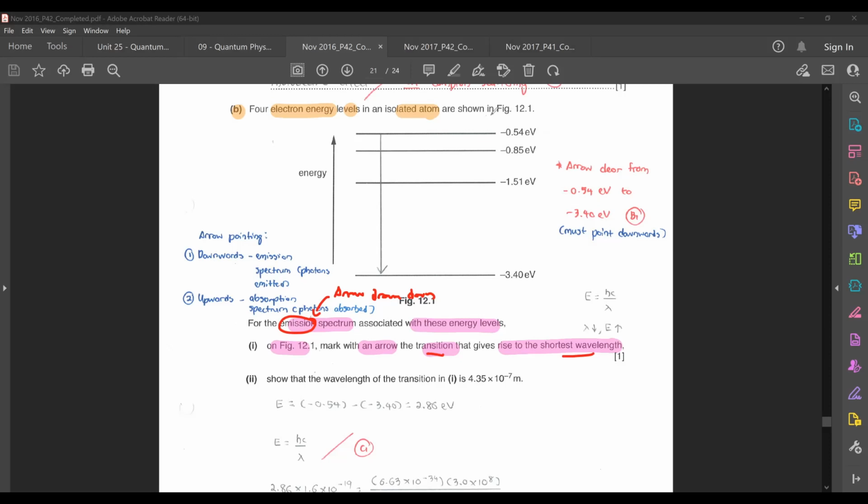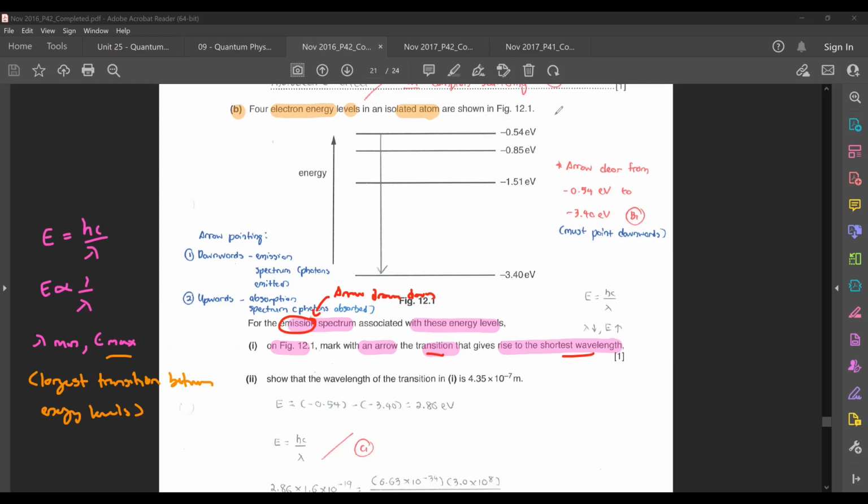So this one, you can actually say that E is hc over lambda. E is inversely proportional to wavelength. If your lambda is minimum, your E is maximum. So this one must have the largest transition between energy levels.